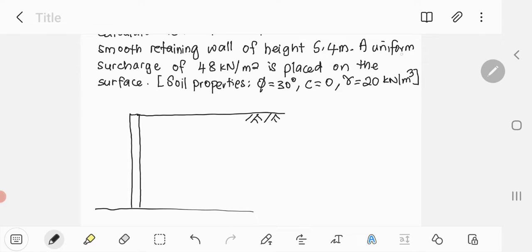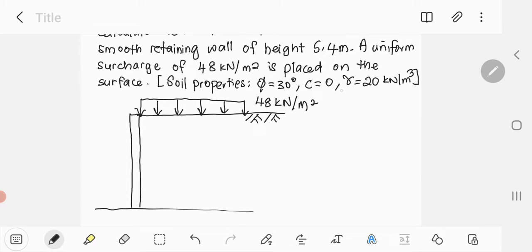And from the question, a uniform surcharge, in terms of drawing, you can draw the surcharge as a UDL, or uniformly distributed load, and the value of this load is 48 kilonewton per meter squared.